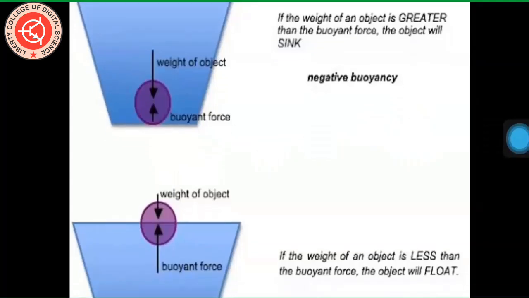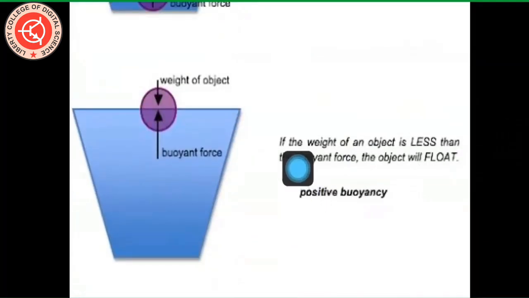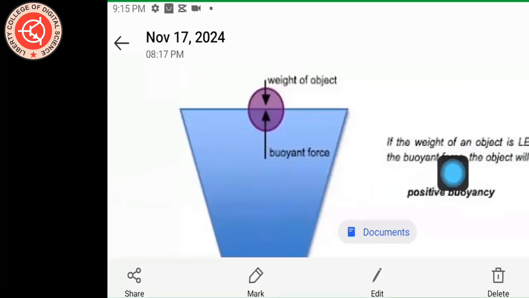Now, the next thing is, let's take a look at this. If the weight of an object is lower than the buoyant force, that is the force acting upward, it's as if you are putting something on a table and the table produces a reaction that is greater, then the object will float. We now know the condition for an object to float.